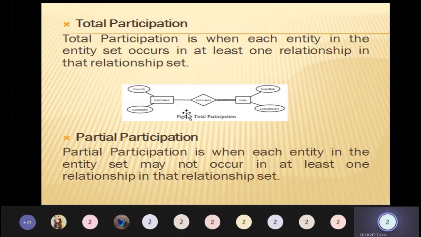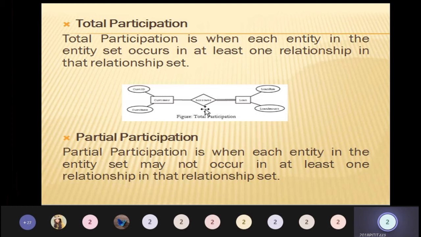This figure shows that we expect every loan entity to be related to at least one customer through the borrower relationship. Therefore, the participation of loan in the relationship set borrower is total.